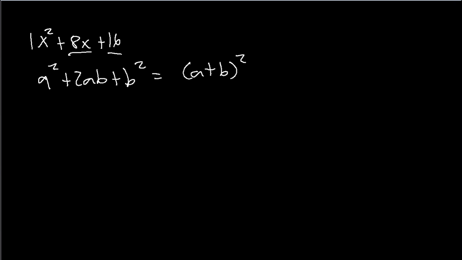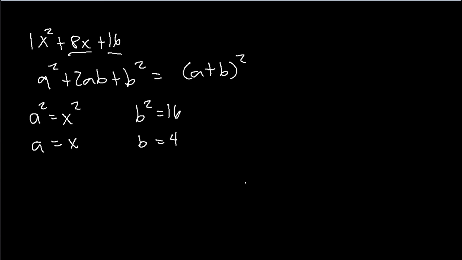And the next step is to set a squared equal to x squared and b squared equal to 16. The square root of a squared is a and the square root of x squared is x. Do the same for b and you come up with b equals 4.